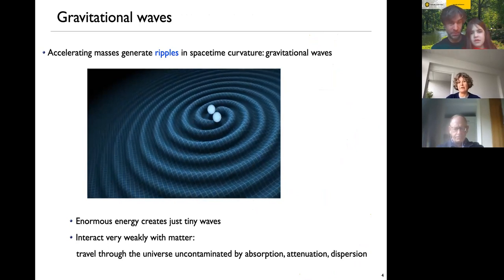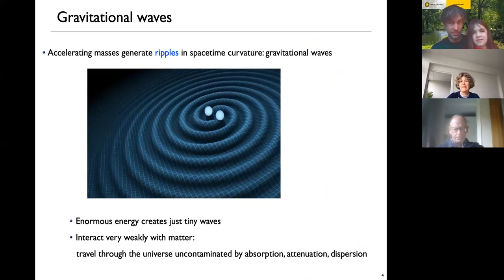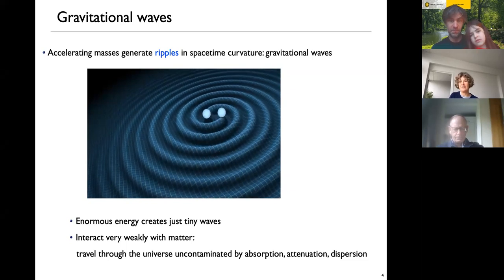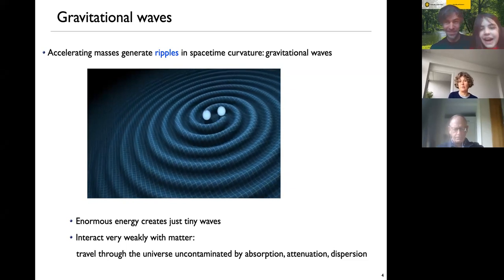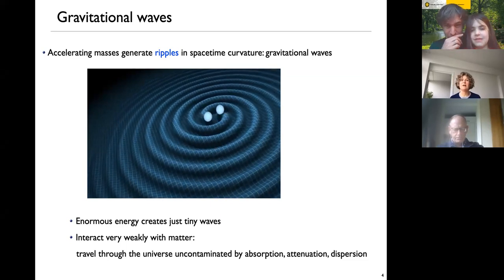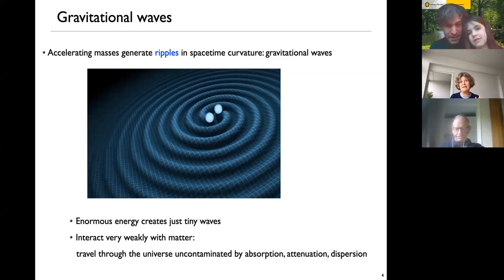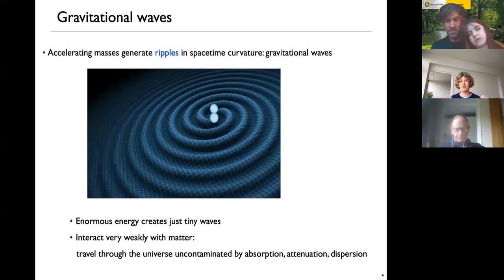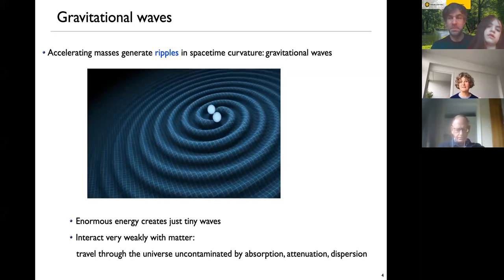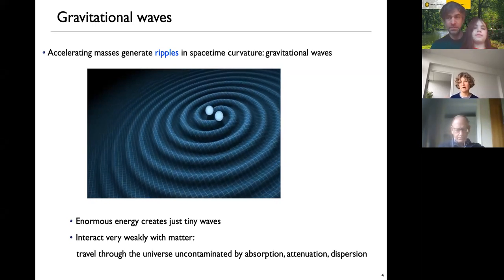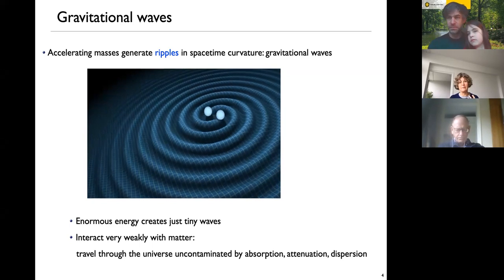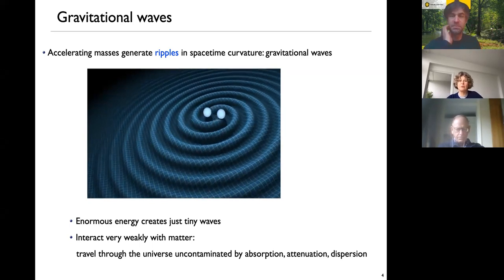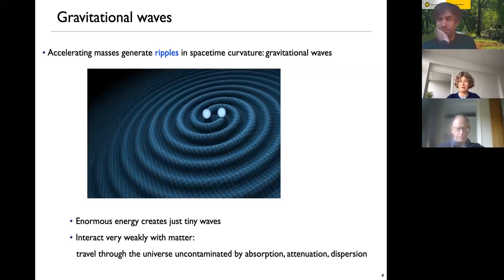And they have many interesting properties. For example, it takes a huge amount of energy to create even a tiny wave in the space-time. So in everyday motions, we create completely negligible amounts of gravitational waves. It really takes some violent events where huge masses are moving at extremely high velocities with very large asymmetries to create a noticeable gravitational wave.